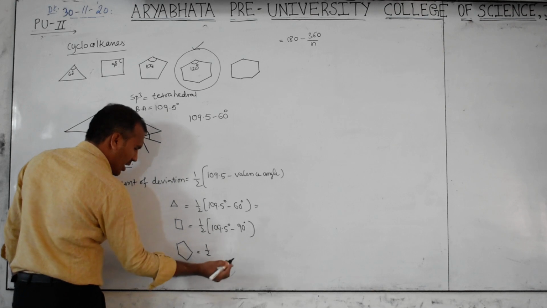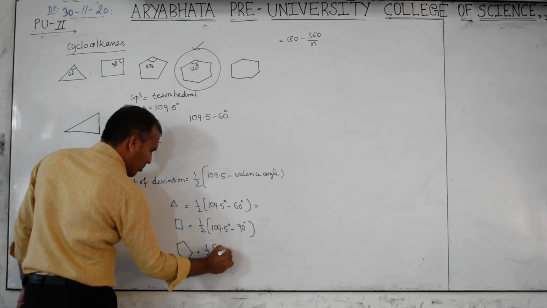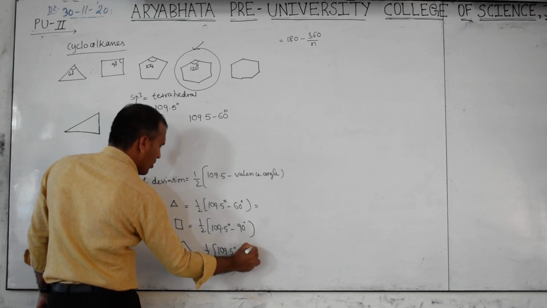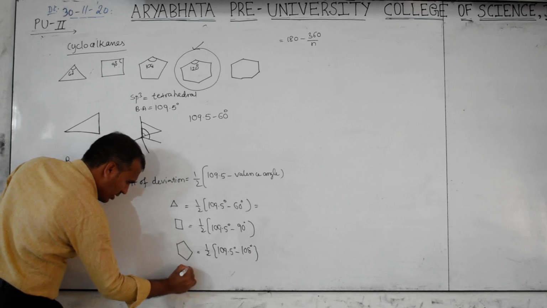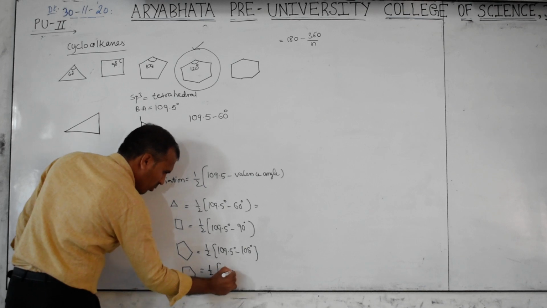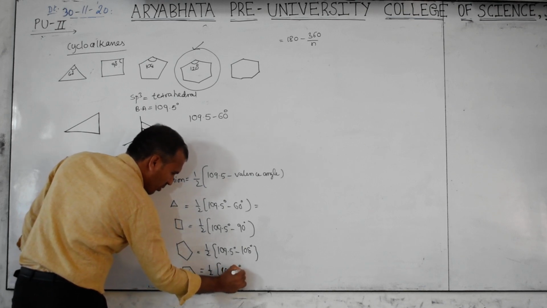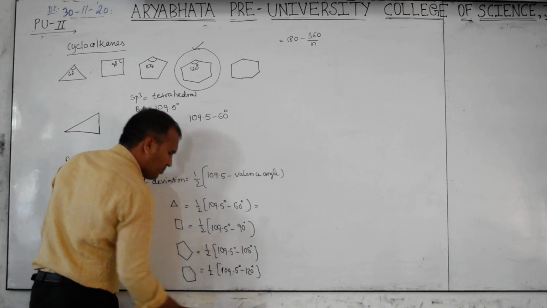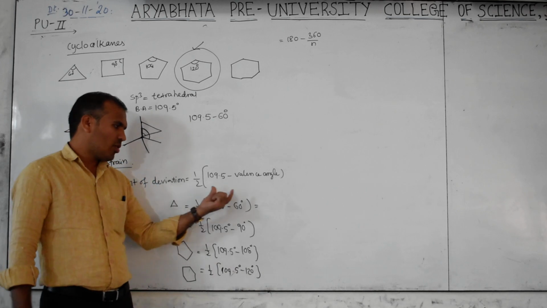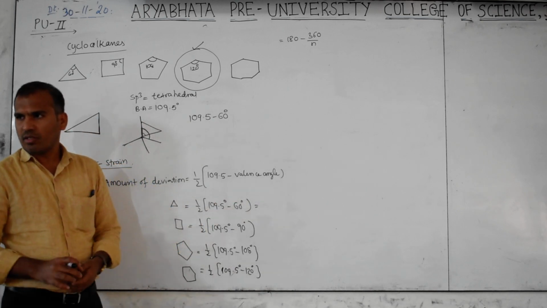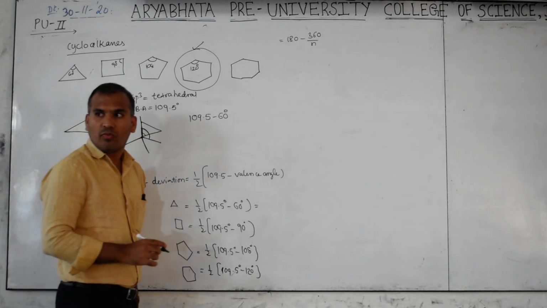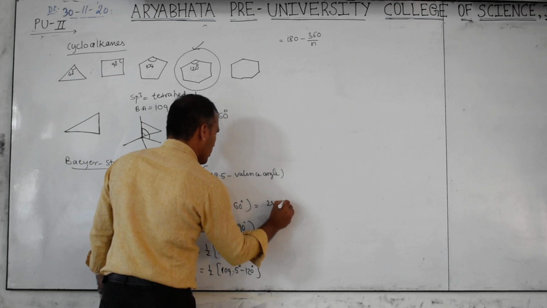Cyclopentane, use a calculator, faster, and tell. 109.5 degree minus how much? 108. Next, cyclohexane: 1 by 2 times 109.5 degree minus 120 degree. Okay, calculate. The first one how much? 49 by 2 something, how much? 24.70.